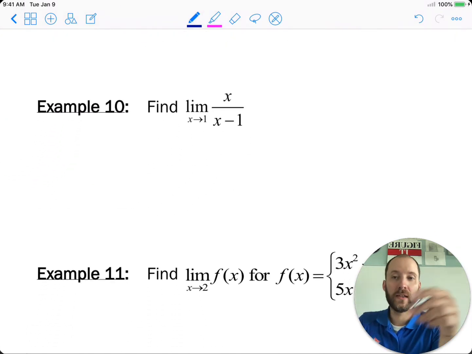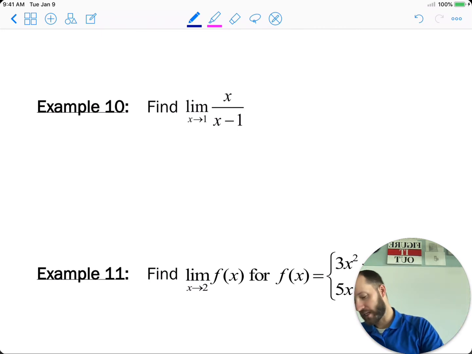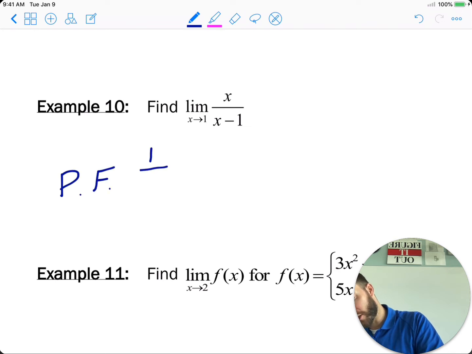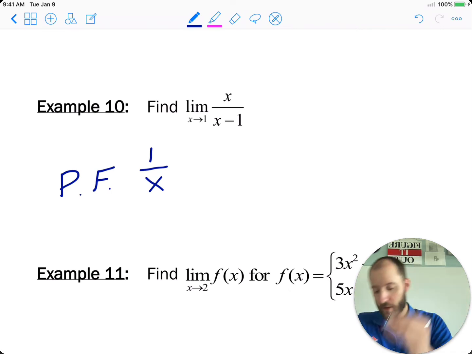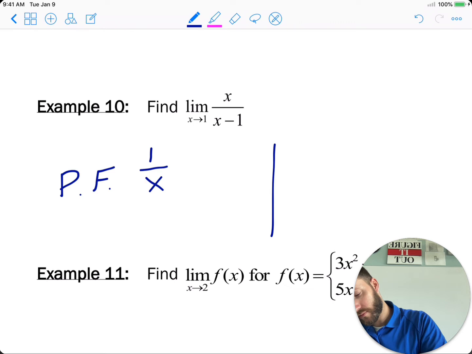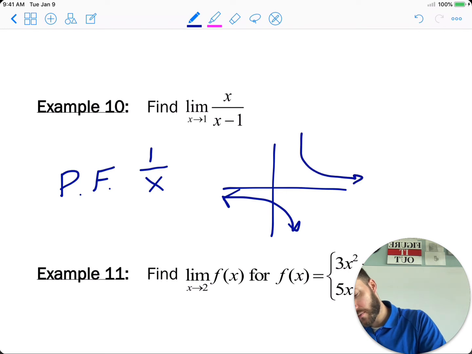Example 10, limit as x approaches 1 of x over x minus 1. Remember, you have your parent function, 1 over x. This graph has this kind of look to it of a rational function.